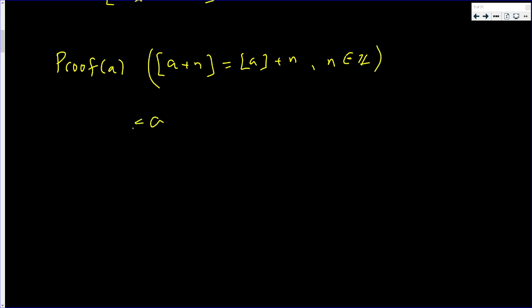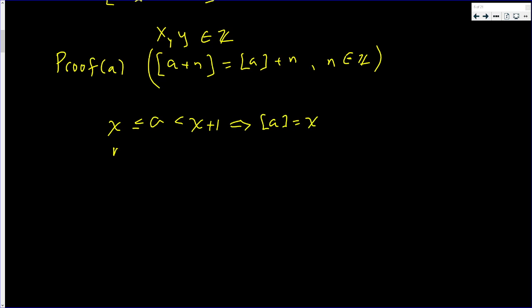So how about we say that a is in between x and x plus 1. Whenever I talk about x and y, they're always integers for all 5 parts. Well, this by definition implies that the greatest integer of a is x.